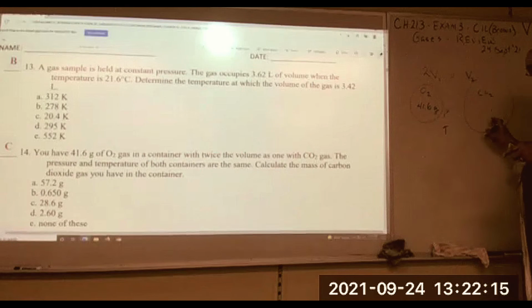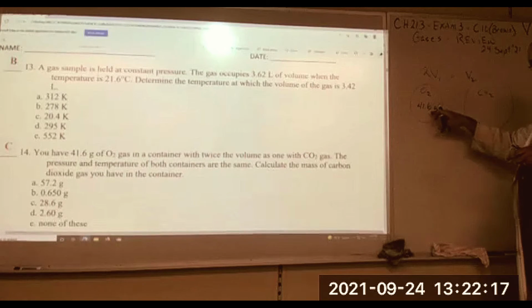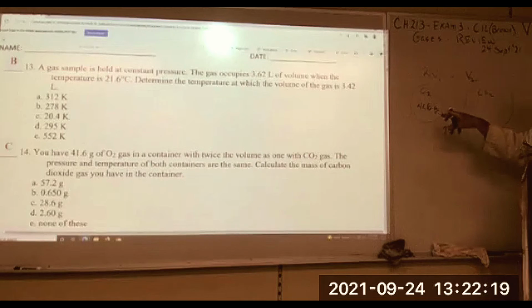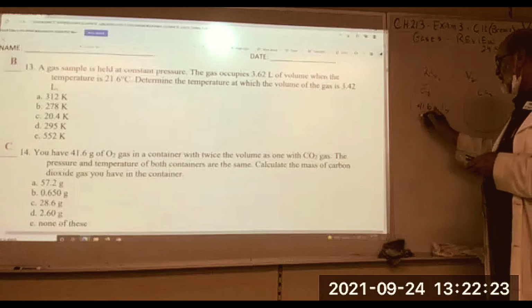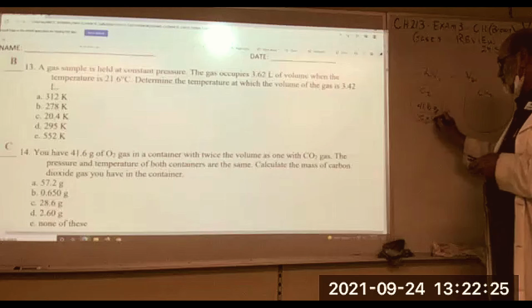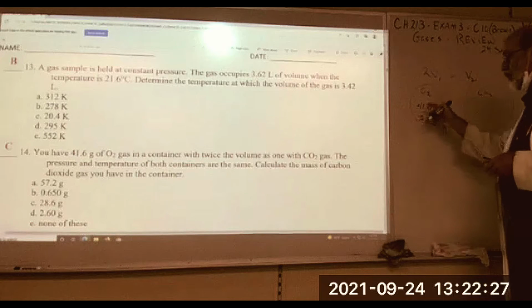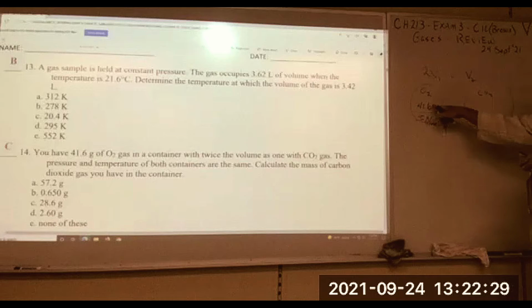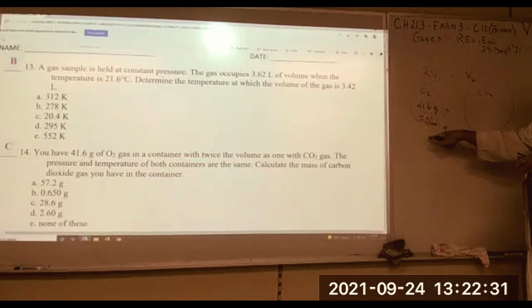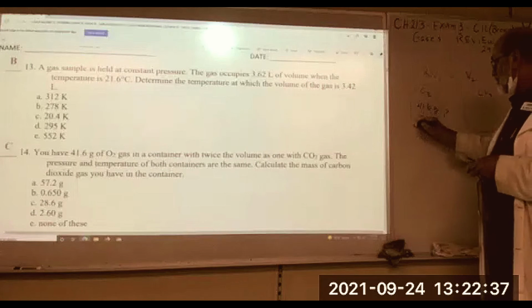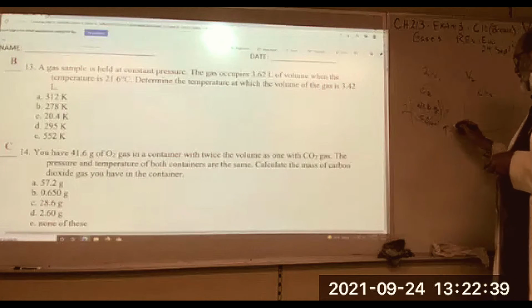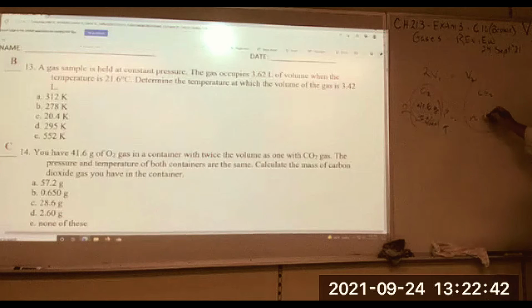So this one has twice the moles of that one. Correct? So how many moles do you have here? Well, you just need to divide it by 32. Right? The molar mass of oxygen. So that's the number of moles of this one. And then twice that would be the number of moles of this one. So that's equal to the number of moles of CO2.